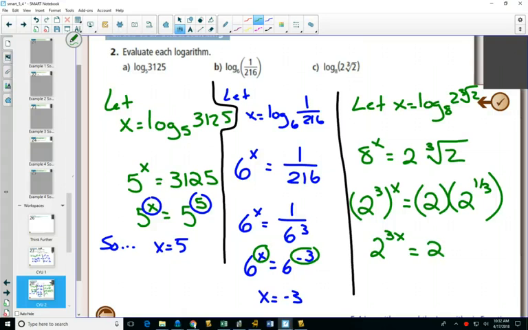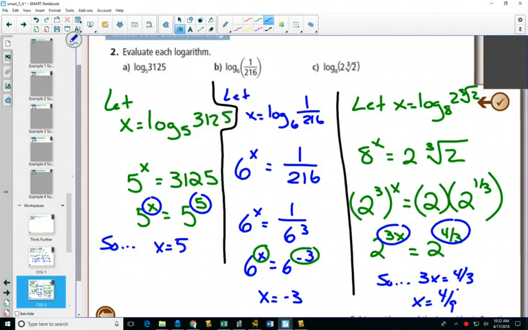This side, add the exponents. 1 plus 1/3 is 4/3. Now that my bases are the same, 3x is equal to 4/3. Divide both sides by 3, or multiply both sides by a third, and you'll get x equals 4/9.